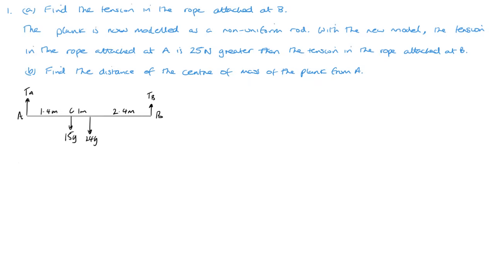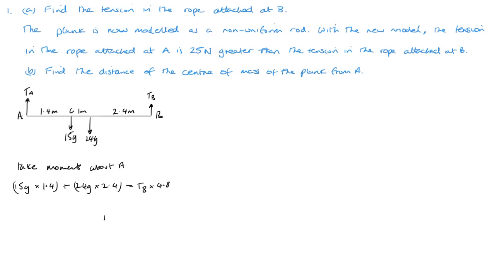So for this, let's take moments about A. So take moments about A, and that will mean my 15g times 1.4 plus 24g times 2.4 is going to be equal to TB times 4.8.